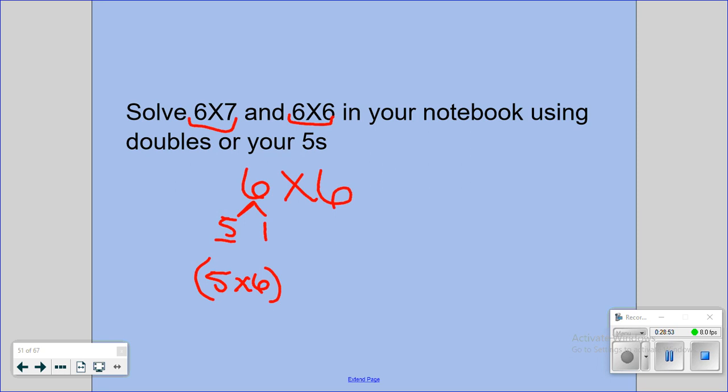Do you know how to skip count by 6s? Do you? Okay, so what about the other number? Can you skip count by 5s? How many skip counts of 5 are we going to do? Then do it.